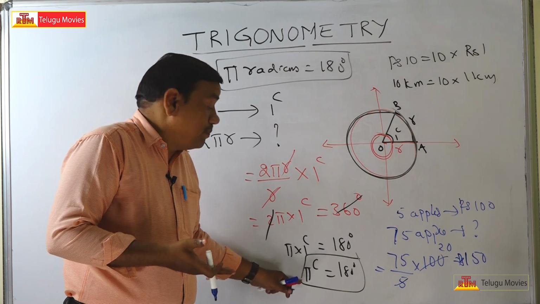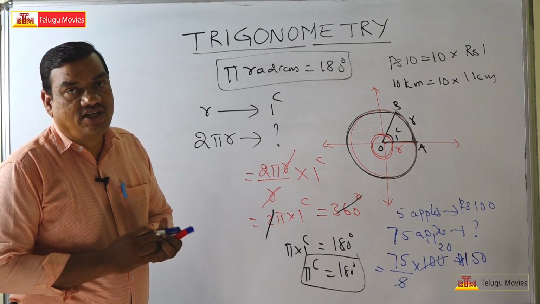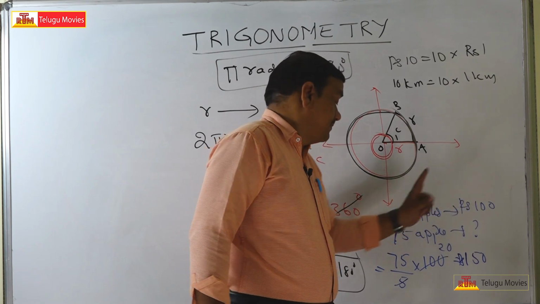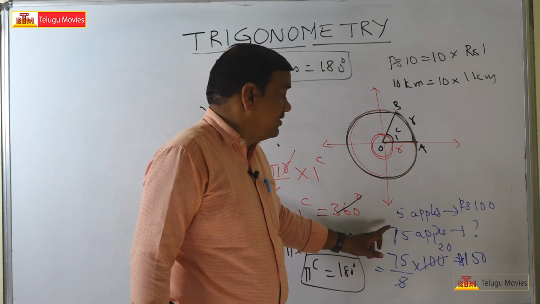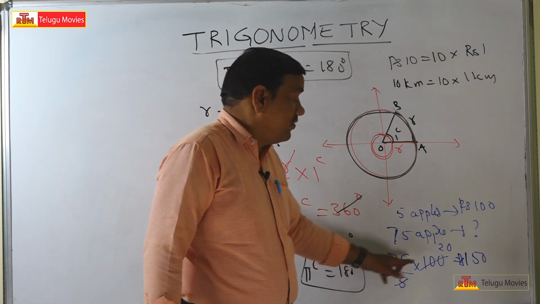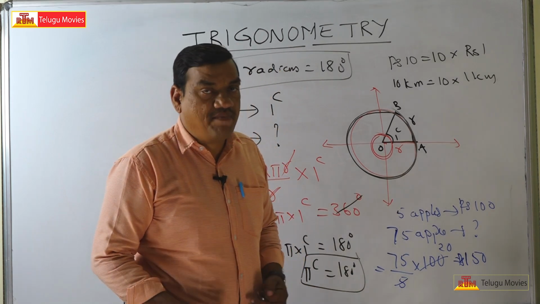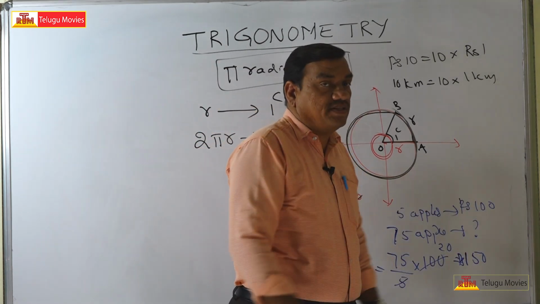Therefore, we can write pi radians is equal to 180 degrees. Understand this? Very easy. 5 apples cost 100 rupees. 75 apples cost how much? Simple, what you are doing? 75 by 5 into 100. What is the output you are getting? You are getting output in rupees.